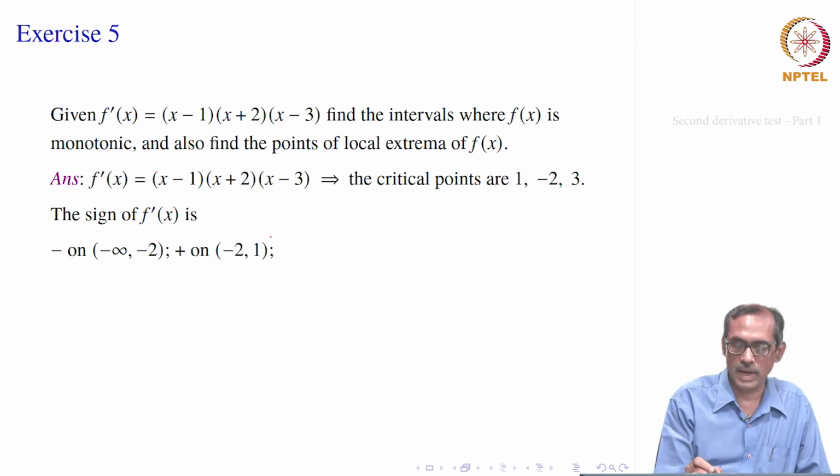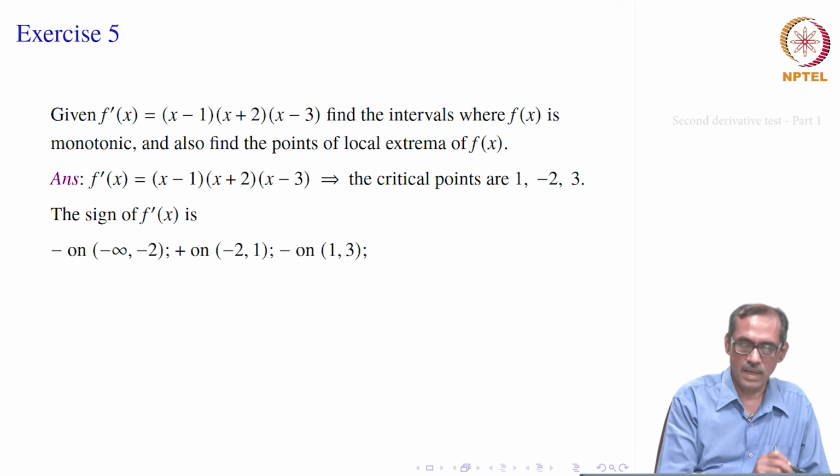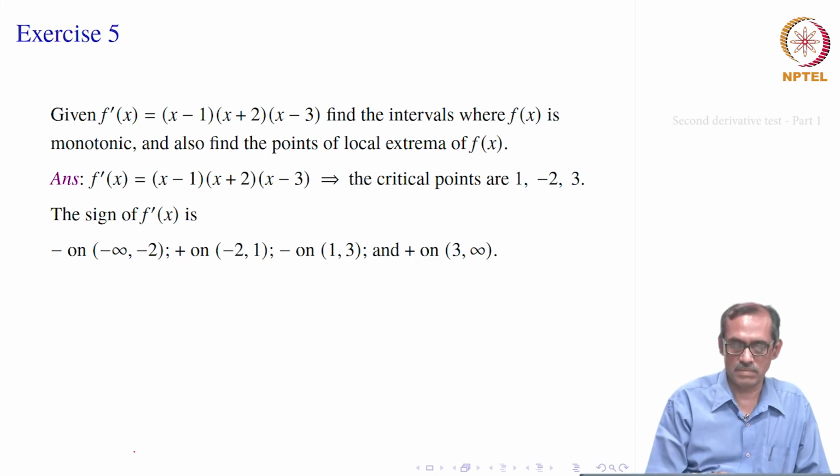Similarly, you find on minus 2 to 1, it is positive, because x minus minus 2 is positive and the other 2 are negative, so 2 negatives give positive. On 1 to 3, the other one is negative again, because 2 of them become positive and 1 is negative. So, it is negative, and on the other side it becomes positive.